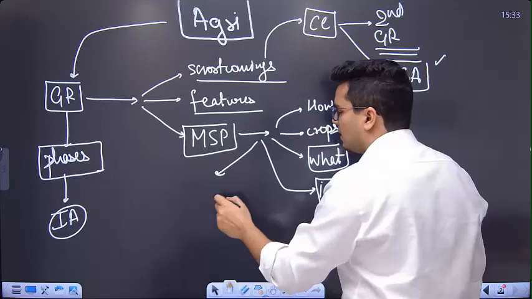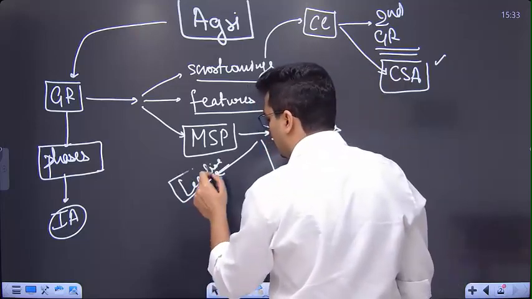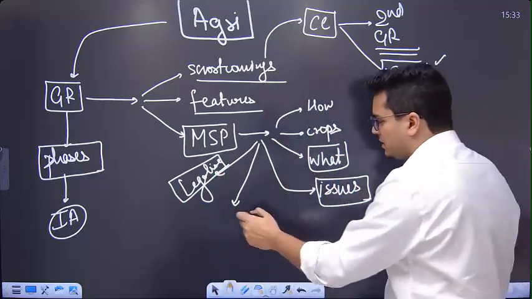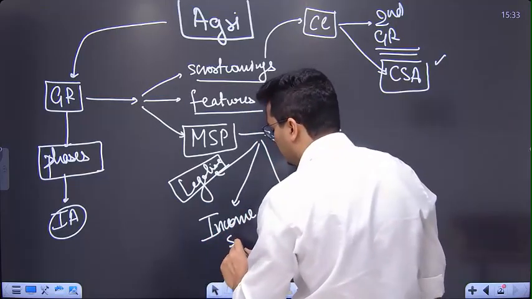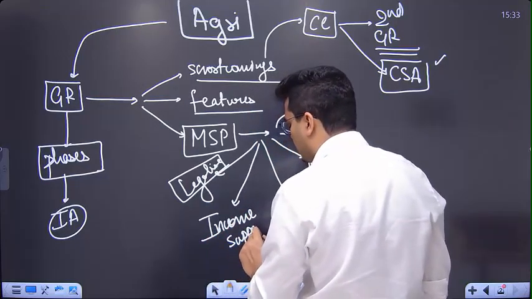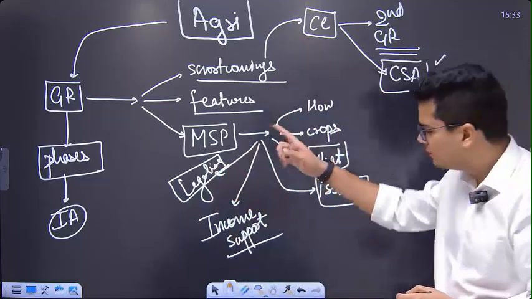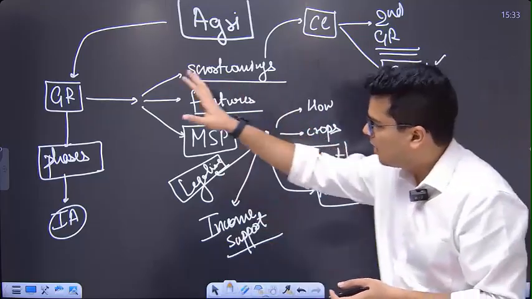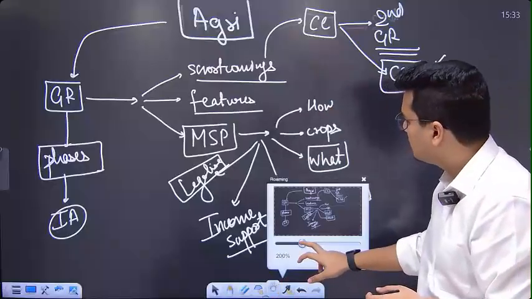Should we legalize MSP? And then there is an idea of income support, that is something like PM Kisan. MSP is minimum support price. So price support versus income support, what is the idea? This we will study.